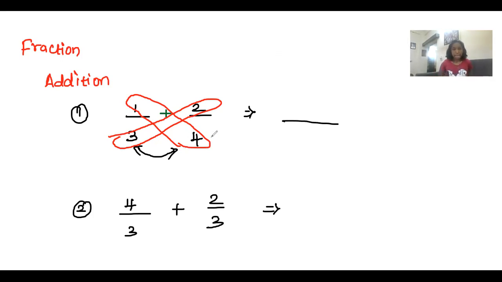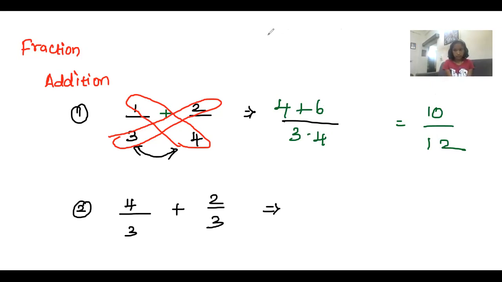So you multiplied 3 and 4 and got 12. You multiplied 1 and 4, which is 4. 3 twos are 6. So 4 plus 6 is 10. That is how you got 10 upon 12. That's what you did in your mind, isn't it? You did it very fast.